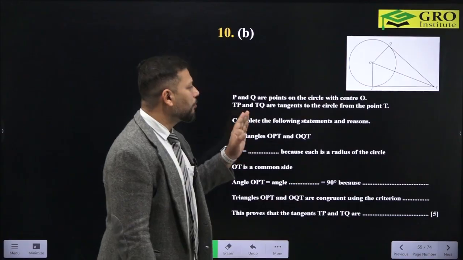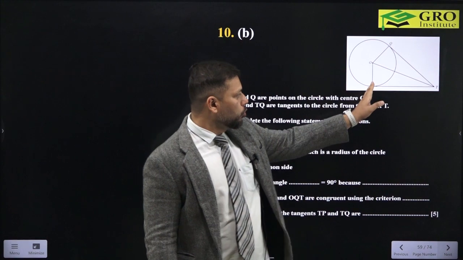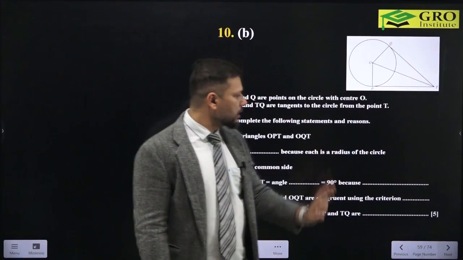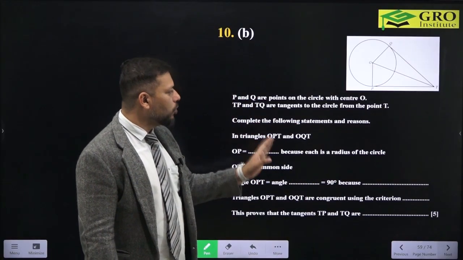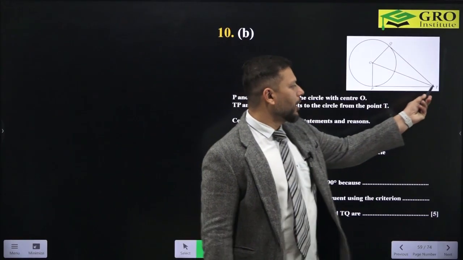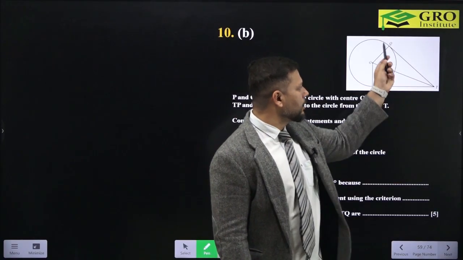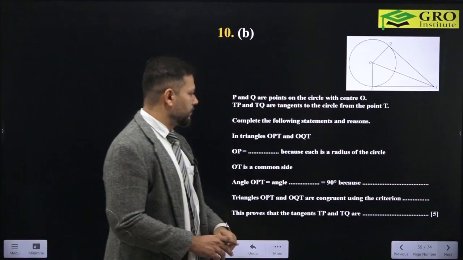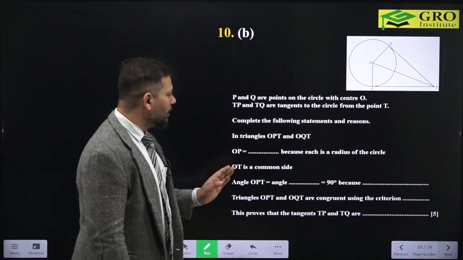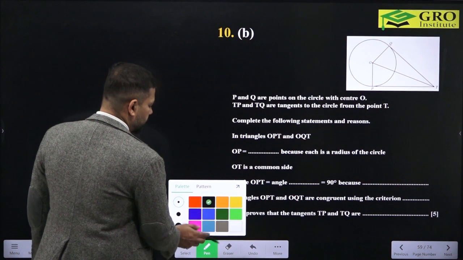P and Q are points on the circle with center O. We are being given that P and Q are the points on the boundary of the circle with center O. Now TP and TQ are tangents to the circle drawn from point T. We have drawn TP and TQ as two tangents on this circle. Complete the following statements and reasons. In triangles OPT and OQT, let us first of all analyze OPT and OQT.